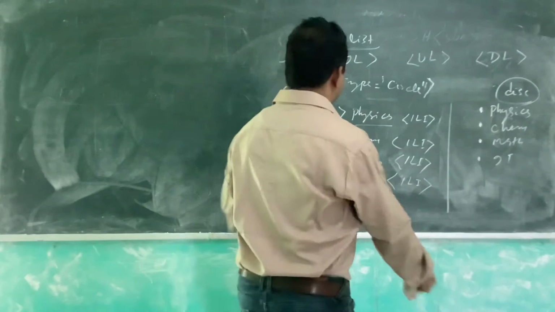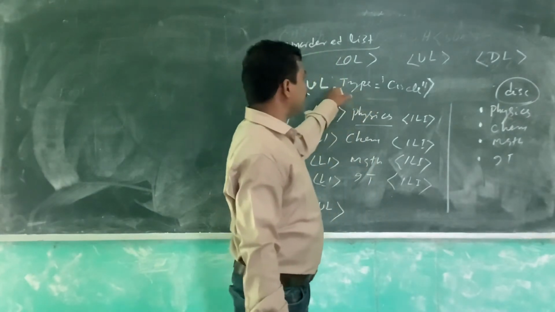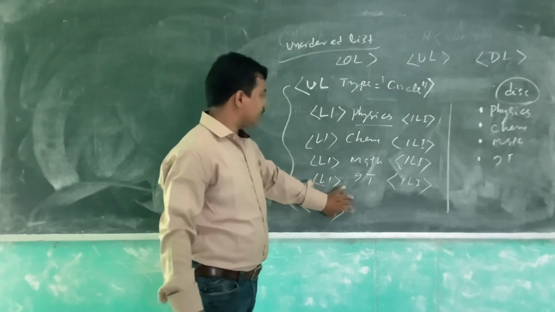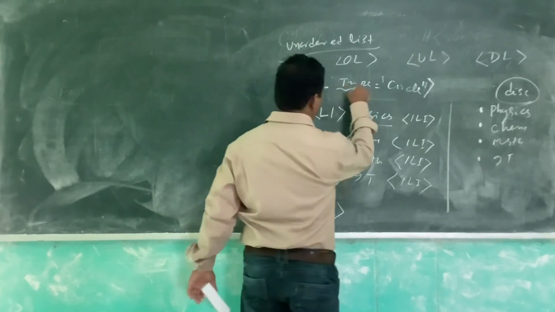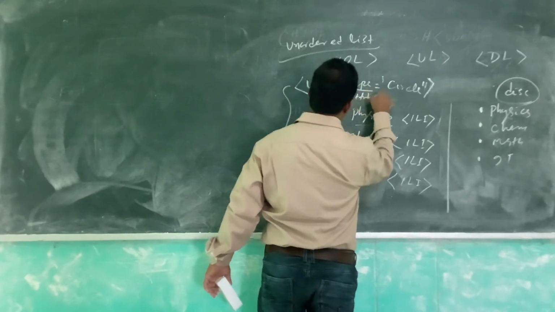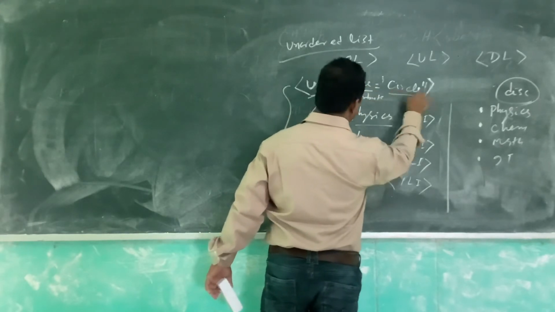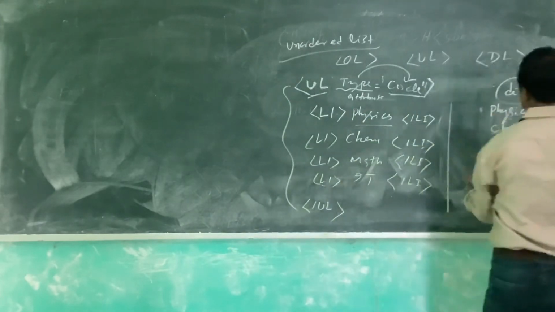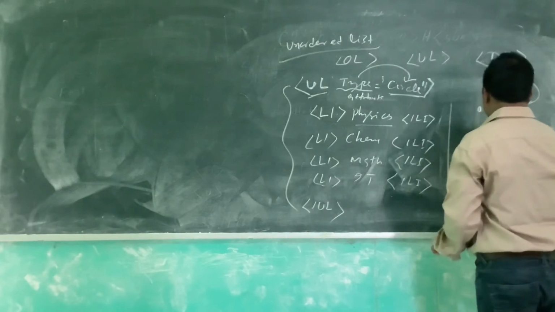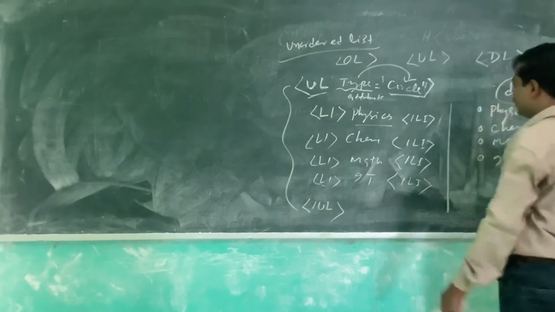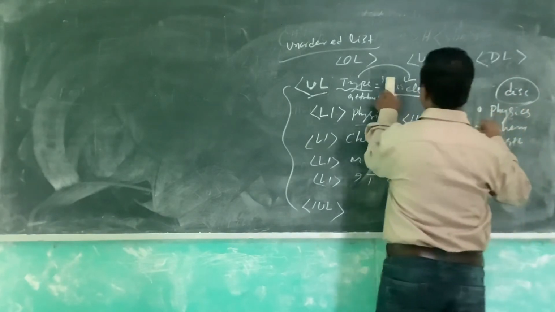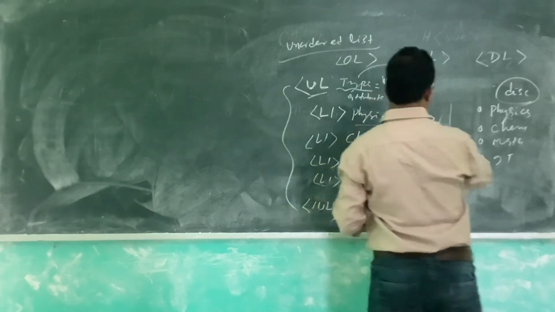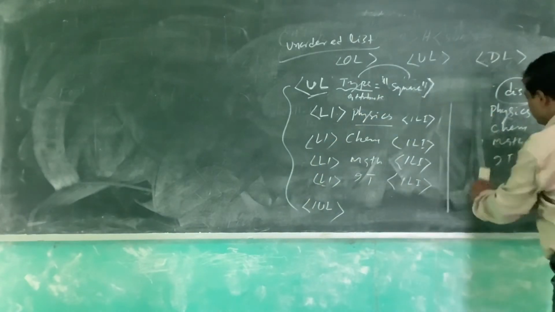That means you cannot type type equal to circle in this part. Okay, so this is the attribute of the UL tag, and this is the value of this attribute, and the output will be like this, circle. Similarly, if you change the value of the attribute circle to square, then the output will be like this.